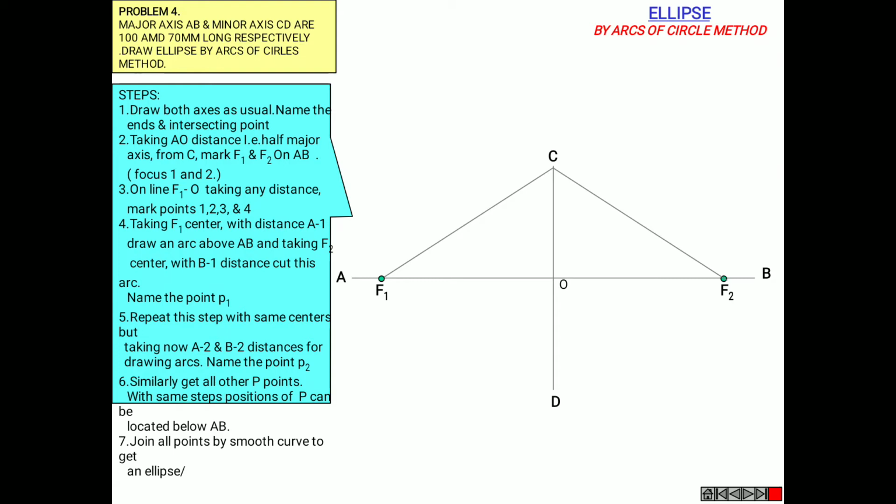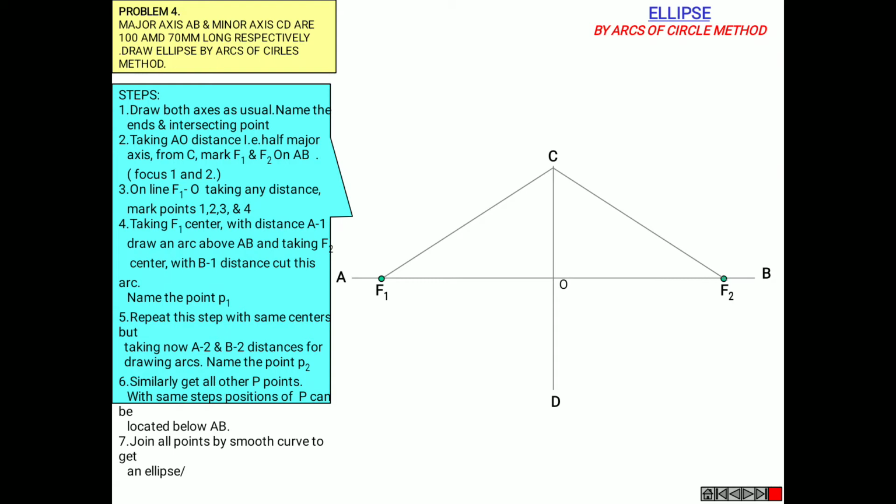If the major axis is 100 mm, this will be about 50 mm. So taking half the major axis, and from C as center, mark F1 and F2 on the AB line, so that they are called the focus points F1 and F2.